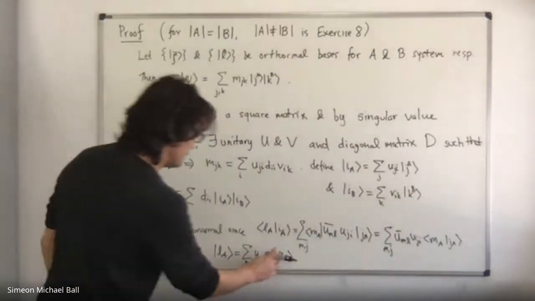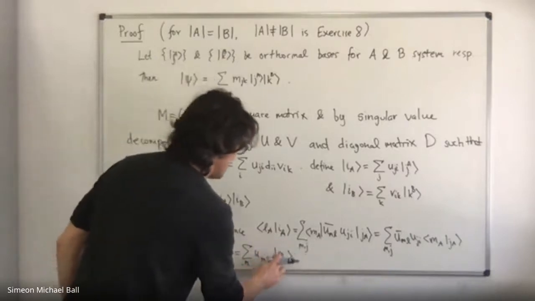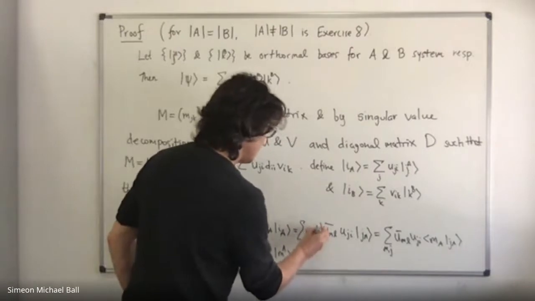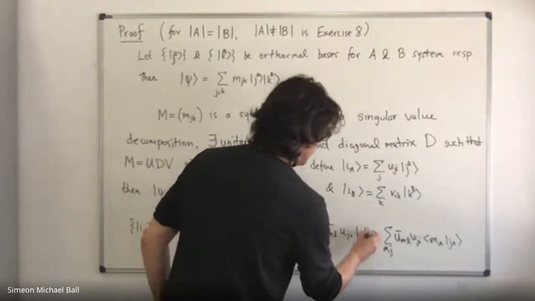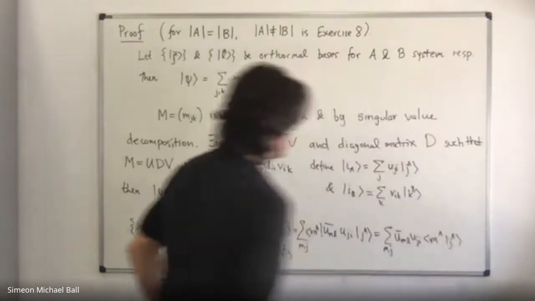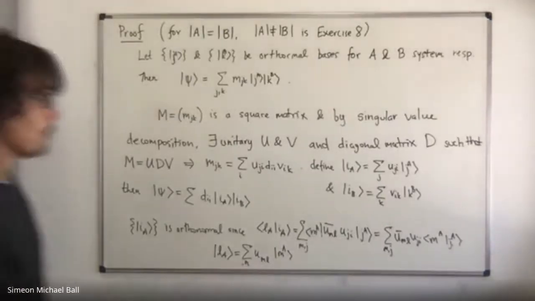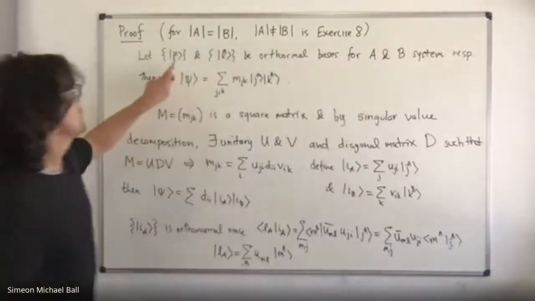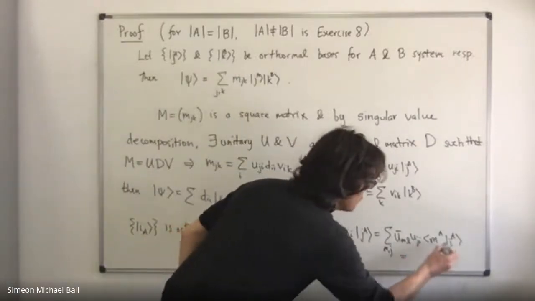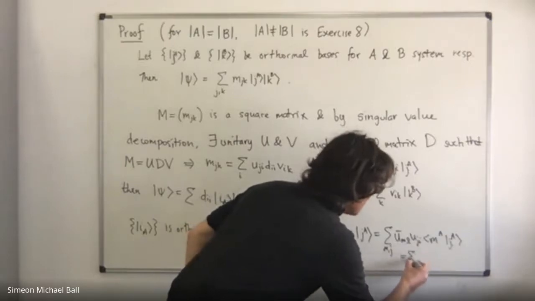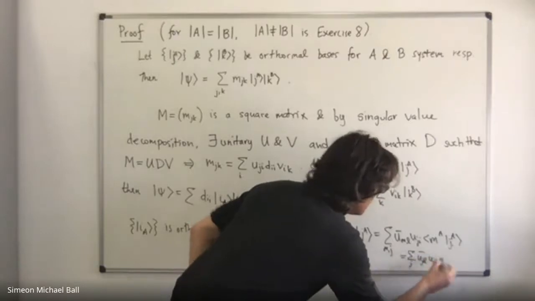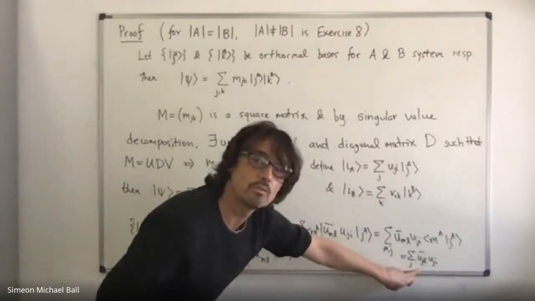That's down, that's up. And so this is up, this is up, and now this is up. And of course, this being an orthonormal basis means that this is just delta Jm. So this is 0 unless m is equal to j. So this is the sum over j of u_jl by u_ji, and that's just multiplying u by its transpose.